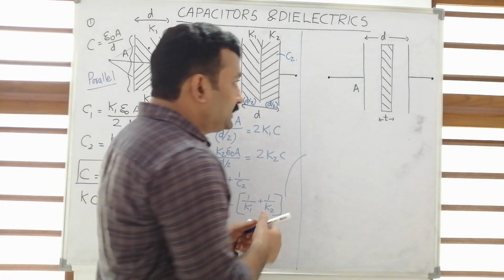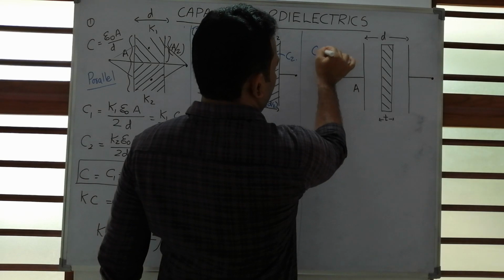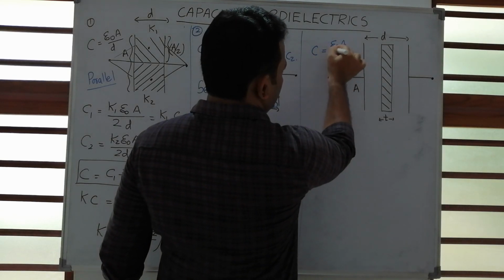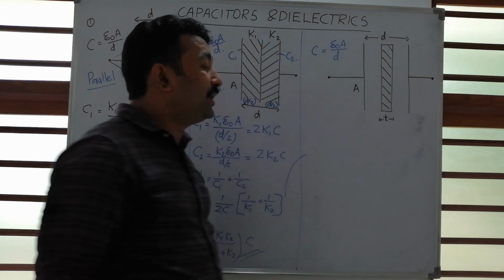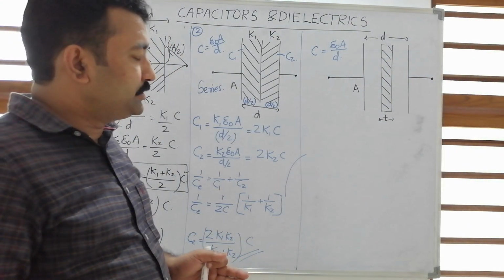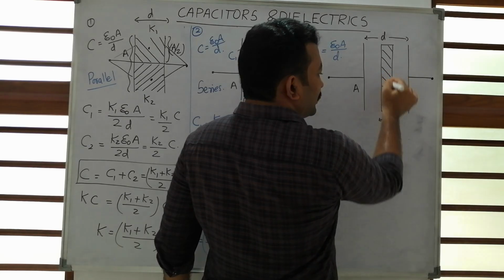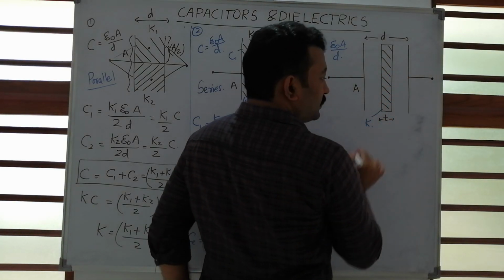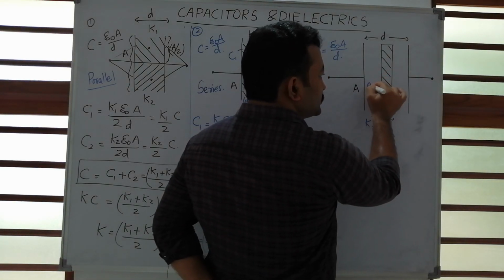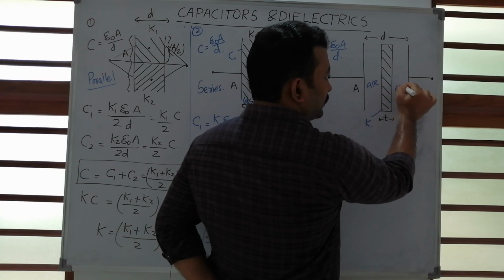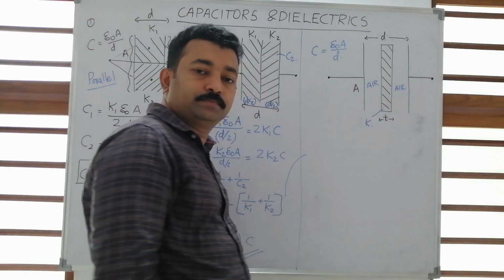If there is nothing, we will consider it has this much value. Now what is happening? If a slab is introduced, t part is filled with a dielectric of constant K. The remaining part is air, and this part is also air or vacuum, whatever you consider.